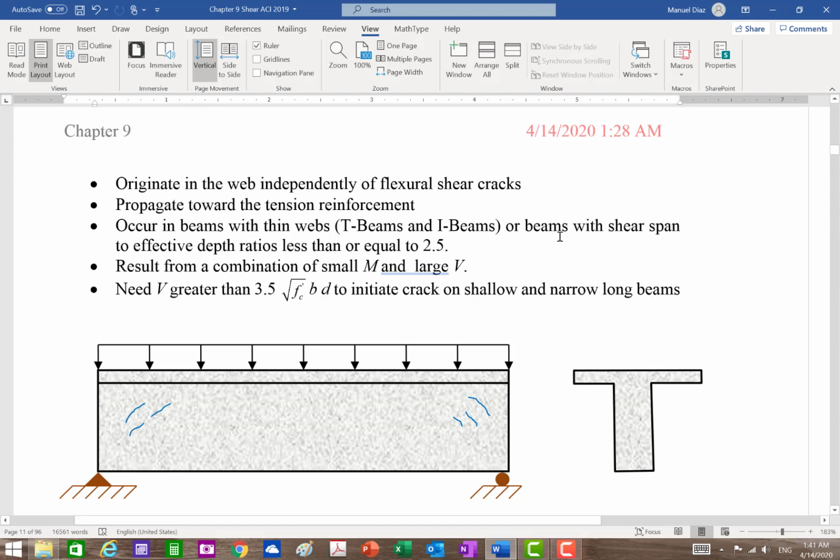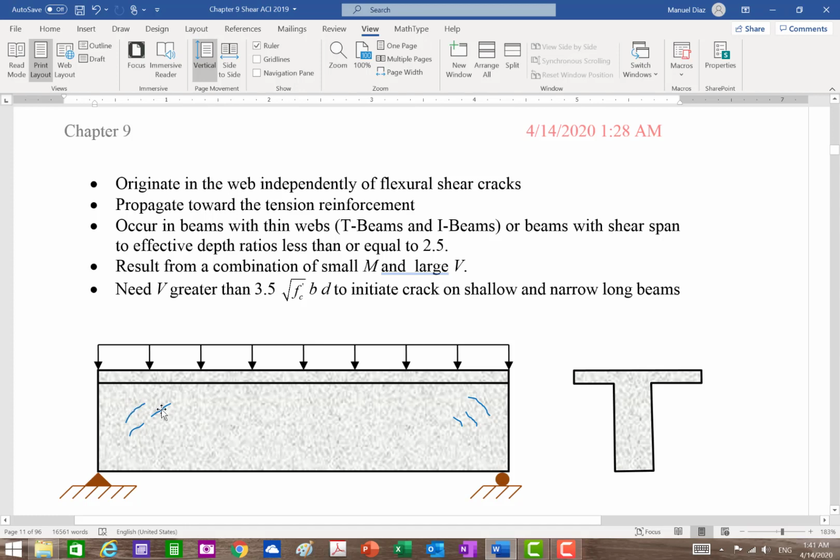Here is important. See, that's why I talk about the shear span ratio, right? Or beams with a shear span to effective depth ratio less than or equal to 2.5. So the ratio of the moment over V and then divided by d is less than or equal to 2.5, then you may have this kind of shear cracks.